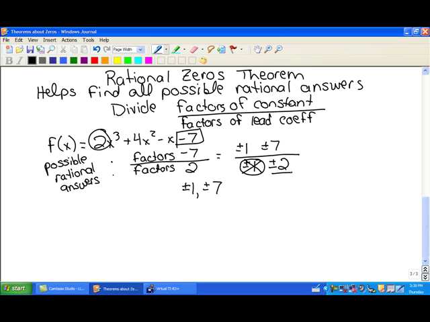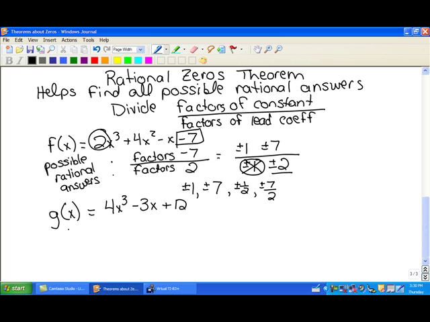Finish with the 1 and move to the 2. 1 divided by 2 will be plus or minus 1/2, and 7 divided by 2 is going to be plus or minus 7/2.